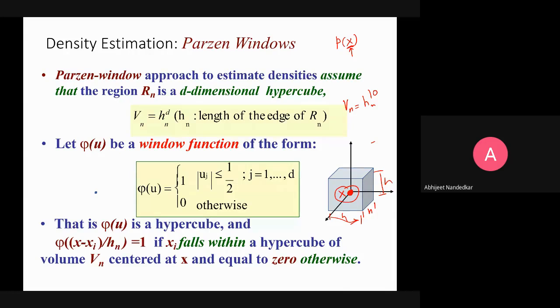And what we are now going to do is count how many samples fall, out of the given n samples, into this bin. Say the number of points is k. Knowing this k divided by n divided by the volume of this will give me the estimation of the probability. That is the simple technique.